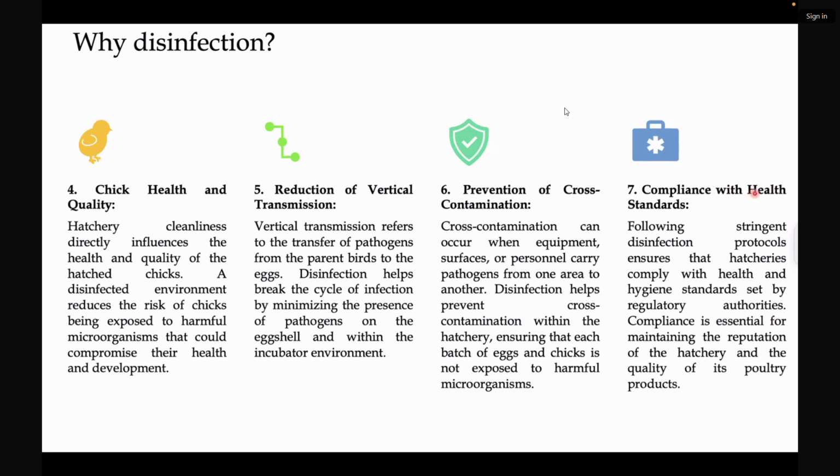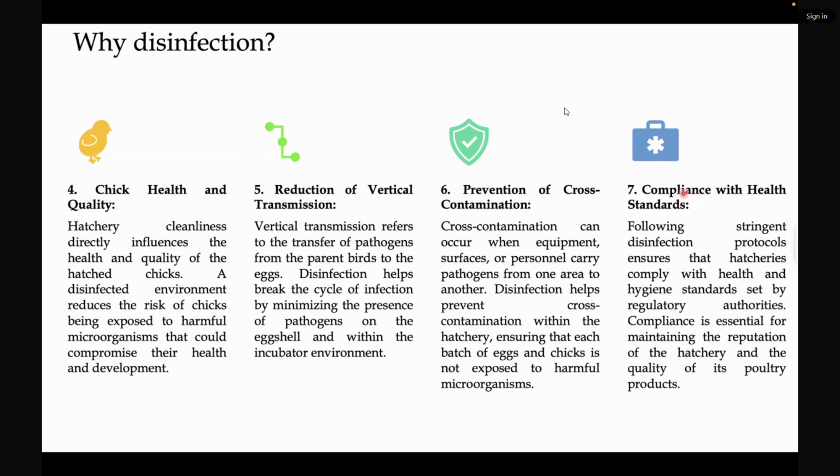And of course, if we are doing any business related to biological matters like the chicks or the eggs, we have to comply with health standards, maybe from the local authority or from the government.